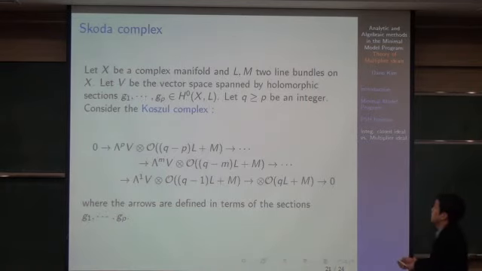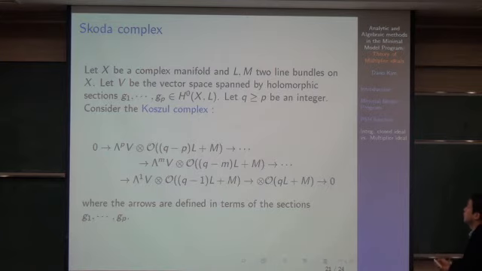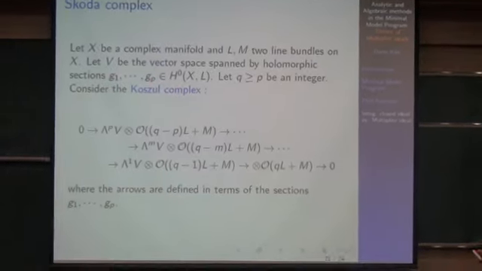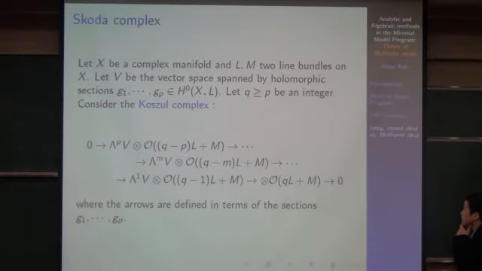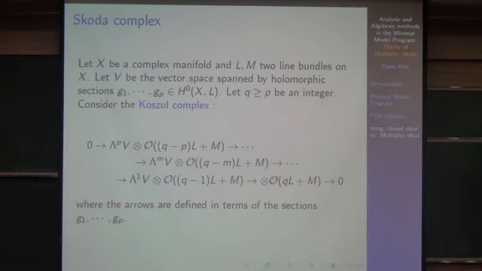So what is a Skoda complex? Let X be a complex manifold, and suppose we have two line bundles L and M, and consider some holomorphic sections G1 through Gp for the line bundle L. Q and P are two integers, Q is greater than P. And there is this Koszul complex between these vector bundles, and the maps are defined in terms of the sections. There's a particular rule giving these maps in this complex.